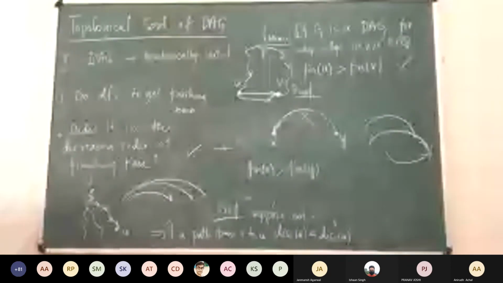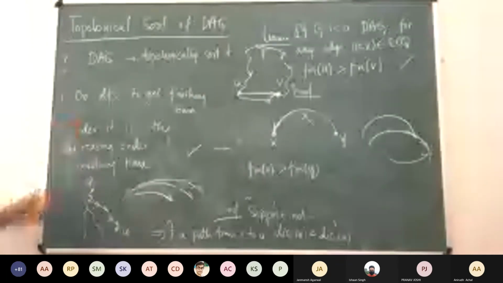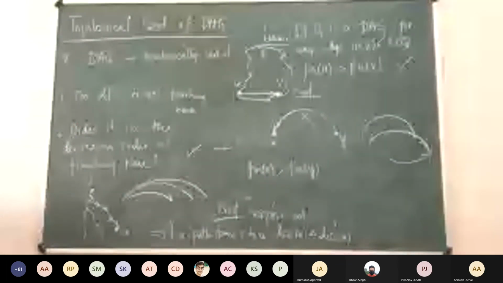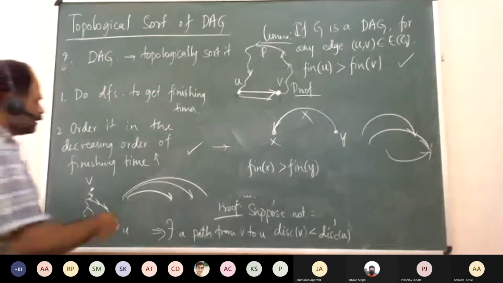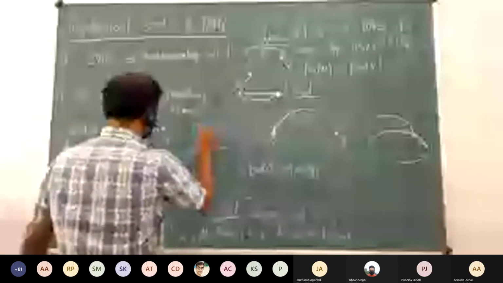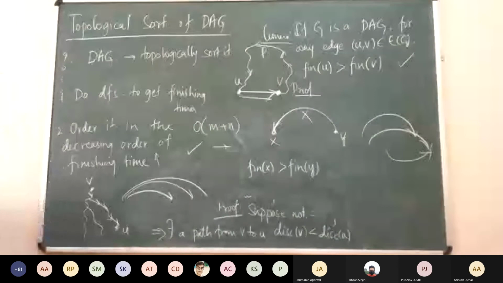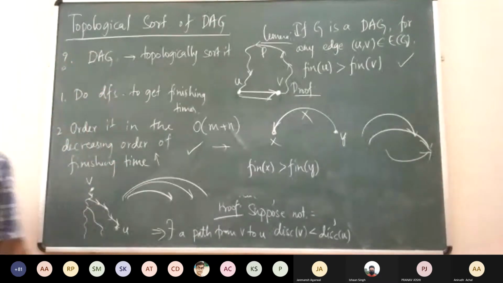This is a very simple, nice example of how data structures help us improve the efficiency, basically the running time. You can use a stack and still do it in linear time, order of m plus n. Good. That's it about the topological sort.